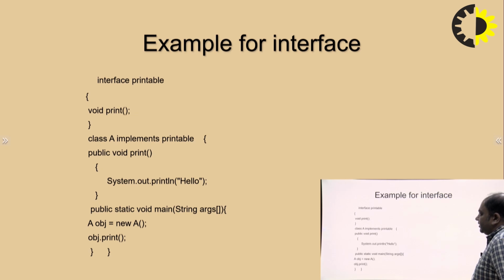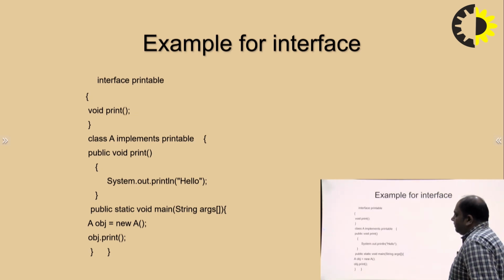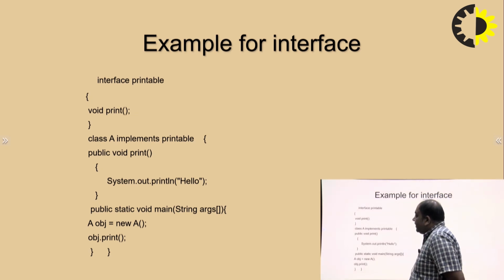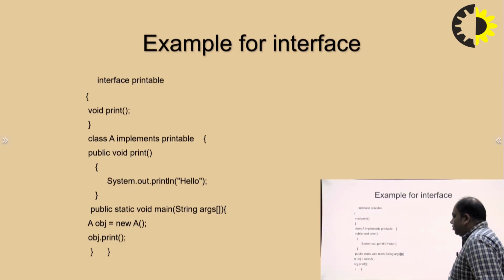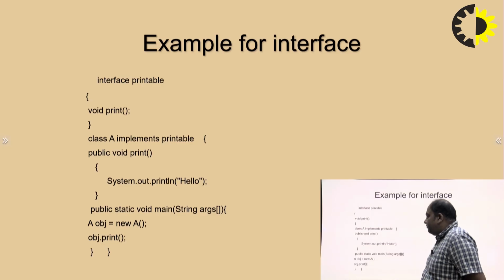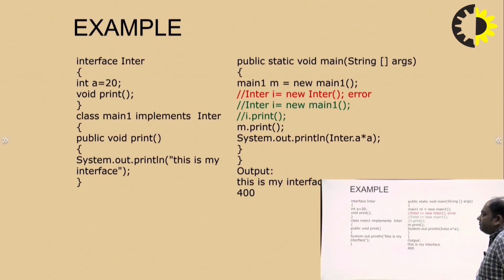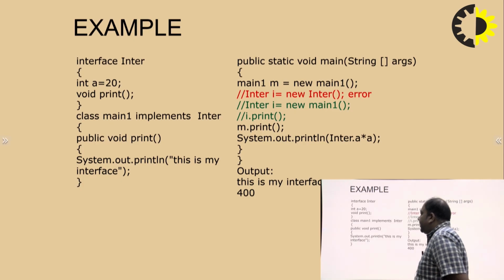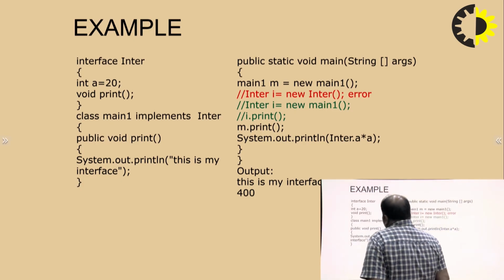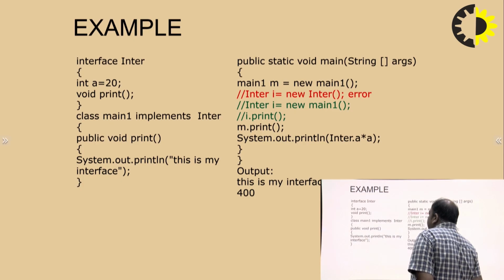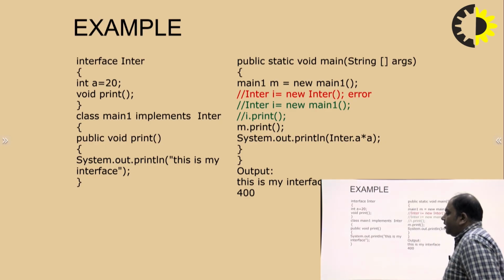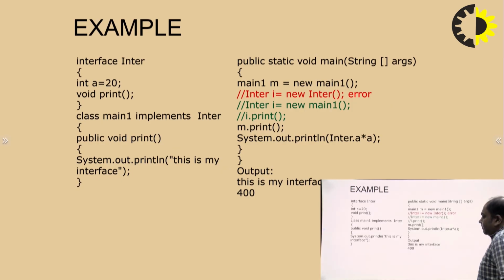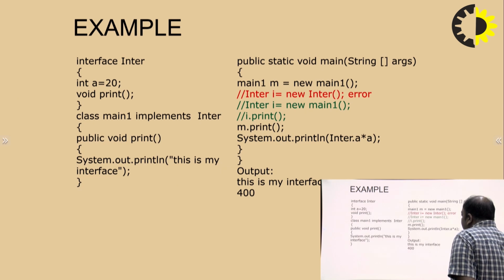Example for interface: we create an interface Printable if we want to print something. Class A implements Printable. We want to print hello, so we create an object with which we print. Then we create an interface in which int a is equal to 20. Another class main1 implements it. And when we print, we get the output.